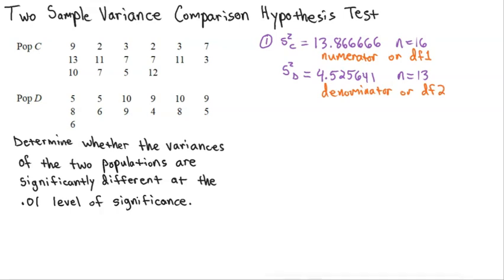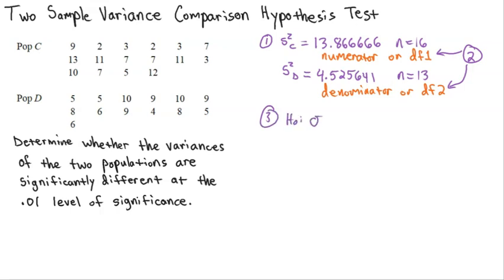Now let's move on to step three. We're going to state our null and alternative hypotheses.